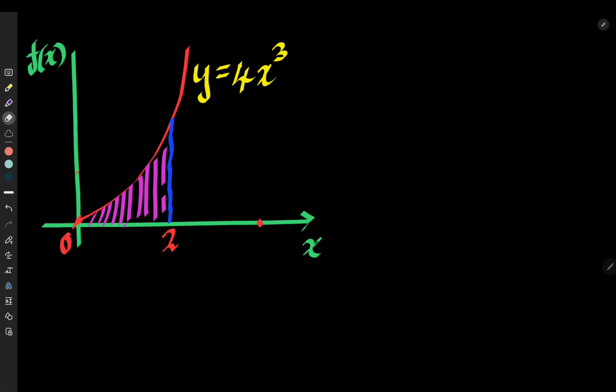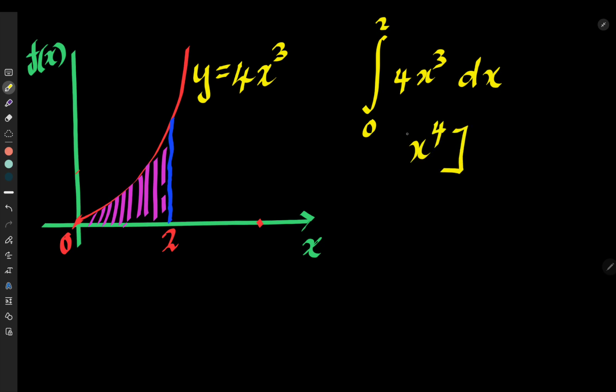Now let's look at the next example. In this example, we are asked to determine the area bound by the curve 4x cubed and the lines x is equal to 0 and x is equal to 2. Once again, we have to do a definite integral of 4x cubed dx from 0 to 2. The integral of that will be x to the power 4 with the limits 0 and 2.